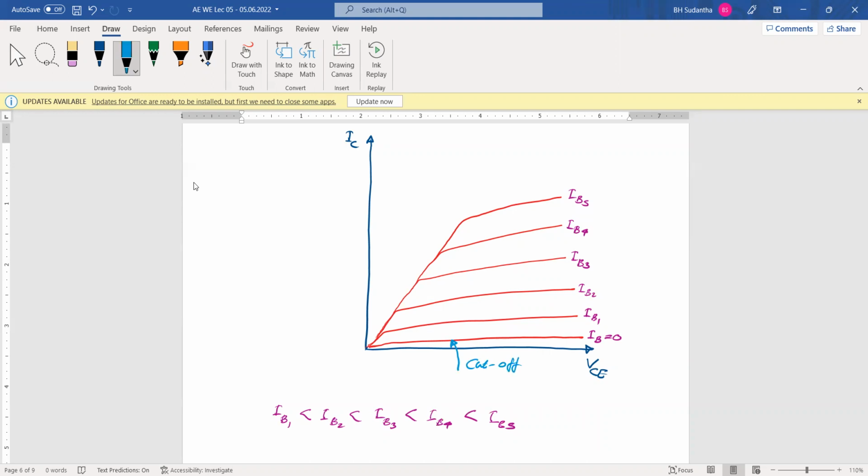And from here to here, this is the active region. And from this point, the other side, this is the saturated region.